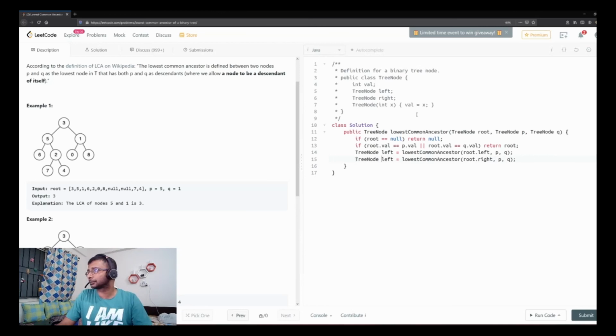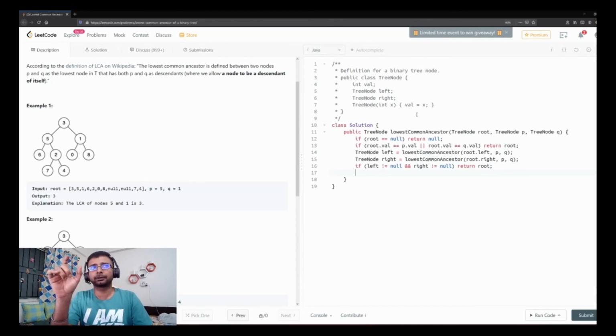And we can simply say if left not equals to null and right not equals to null, so when both actually have a value, we can return the root.